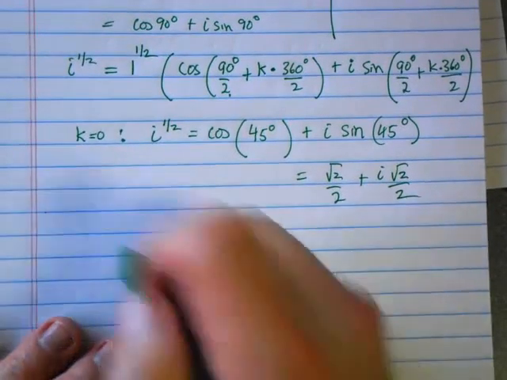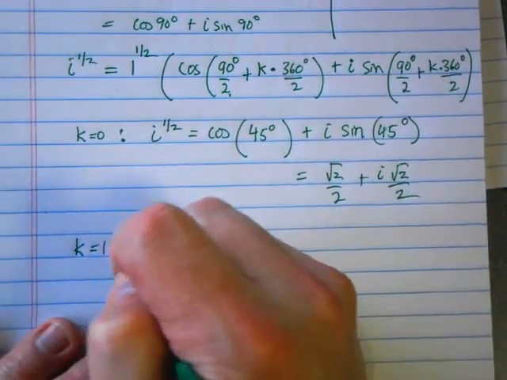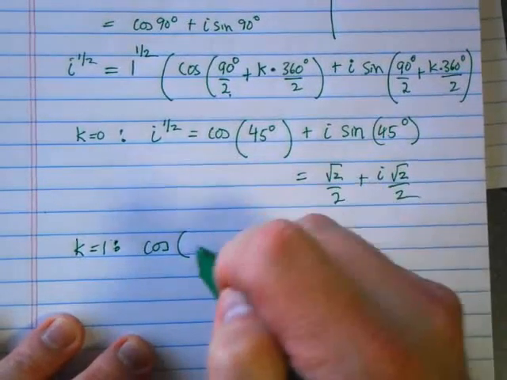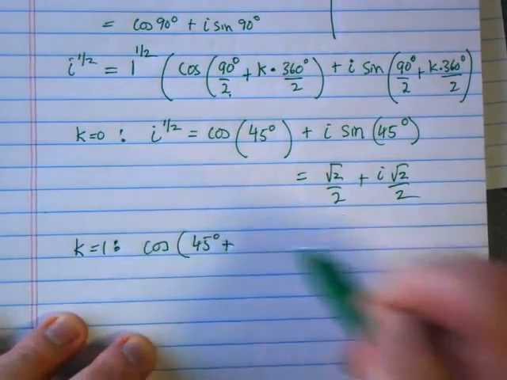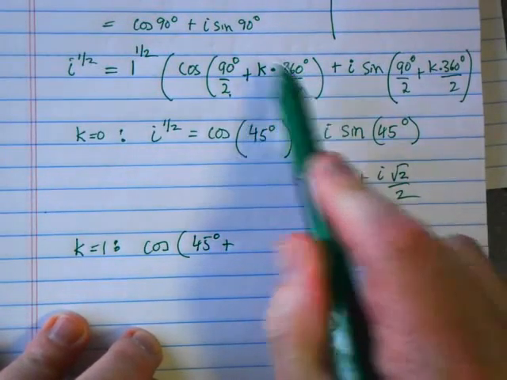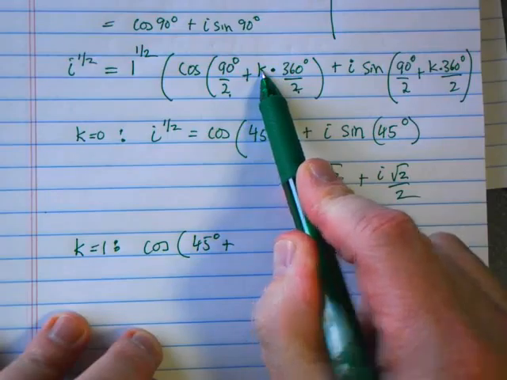The other square root of I is, I plug in k equals 1, and I'm going to have cosine of 45 degrees plus 360 divided by 2 is 180, and 180 times 1 is 180.